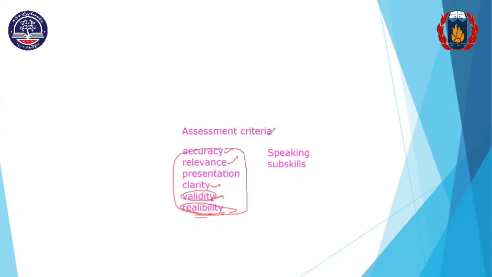And also this assessment criteria helps the teacher, for example, are we going to use subjective or objective? But if our test is based on these criteria, we can be aware of the subjective feeling.